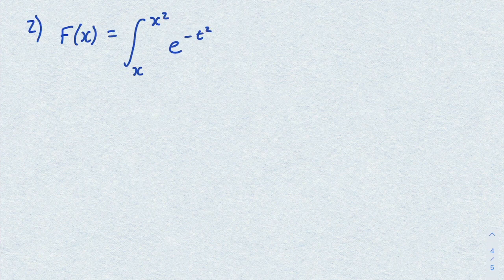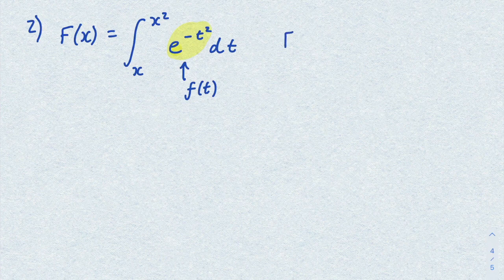Now, the second question says that uppercase F of x is equal to the integral from x to x squared of e to the minus t squared, and integrating that with respect to t. So again, this is our function of t, and we're going to use the fundamental theorem of calculus part 1 to differentiate this function.